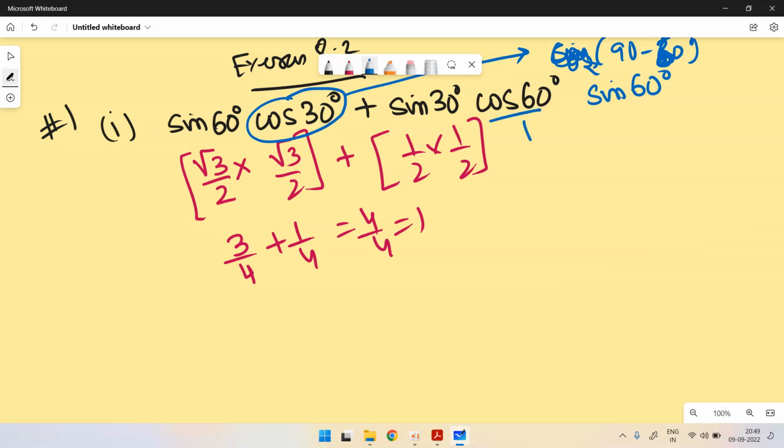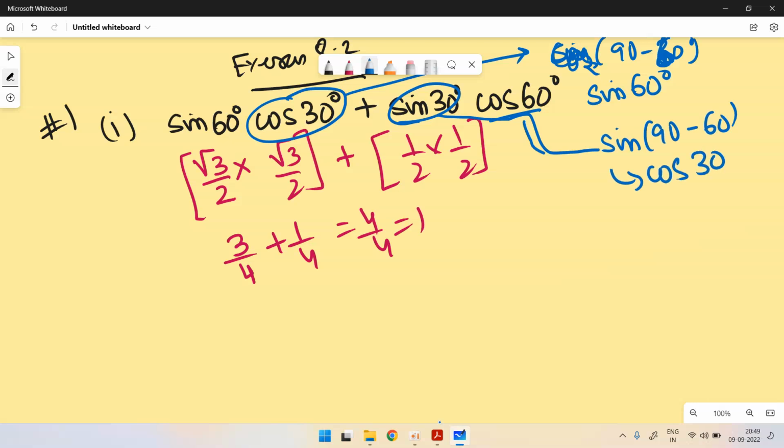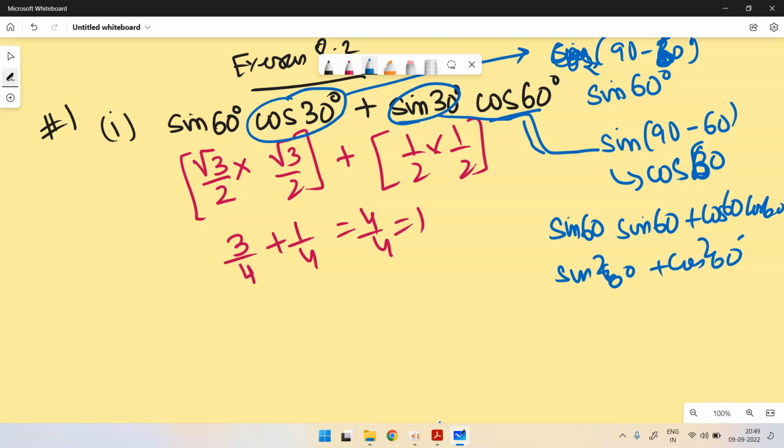Also, sine 30 is sine of 90 minus 60, which is nothing but cos 60. So this becomes sine 60 into sine 60 plus cos 60 into cos 60, nothing but sine square 60 plus cos square 60. You know that sine square plus cos square is 1.